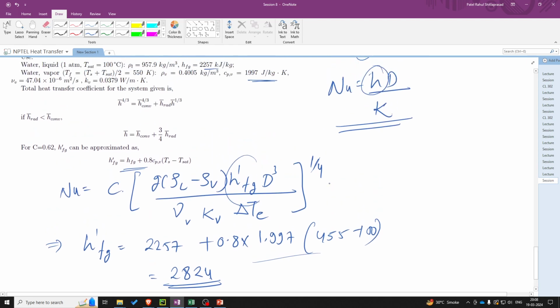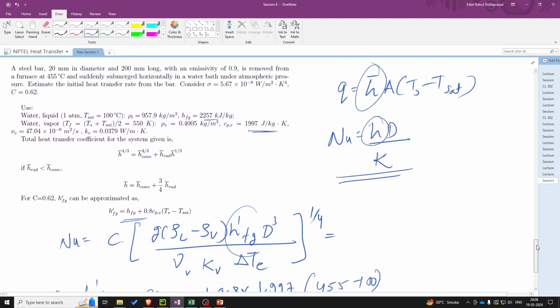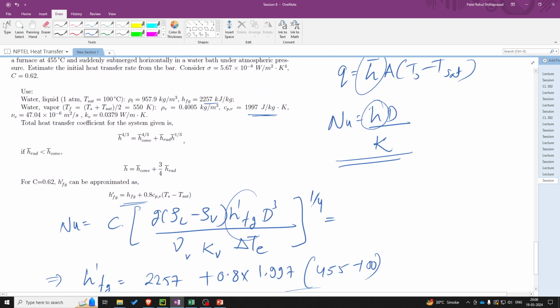So this 2824 you can replace over here. So let's just do it over here only. The value of C we have been given as 0.62.